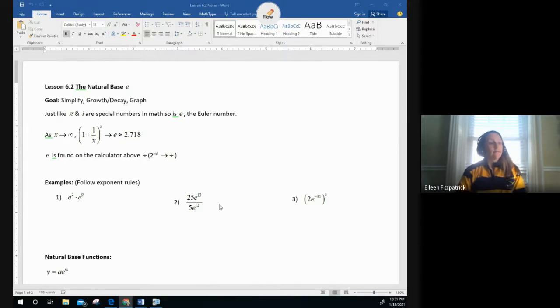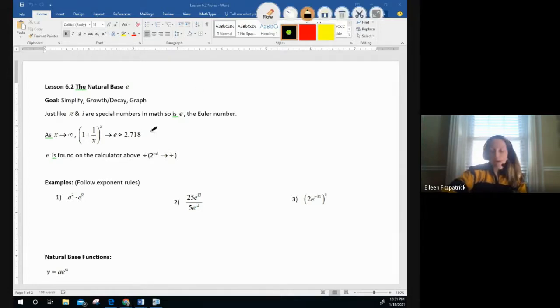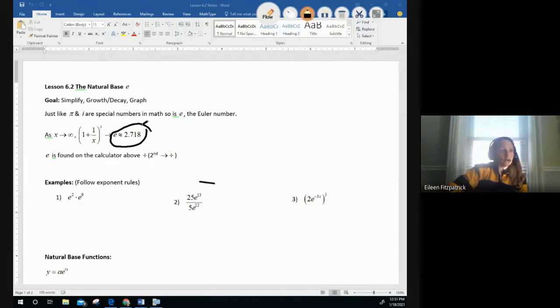And then we have E, which we're going to be using our calculator for anytime we're evaluating anything with E. But you can also know that it is approximately 2.718. Again, that's the approximation, that's rounded. As x approaches infinity, 1 plus 1 over x raised to the x approaches E, which is approximately 2.718.